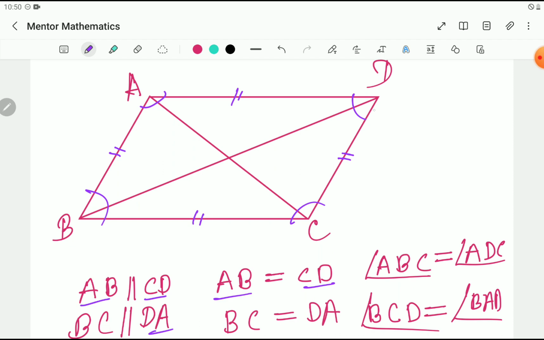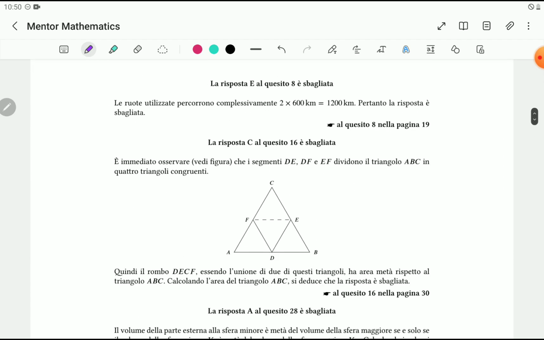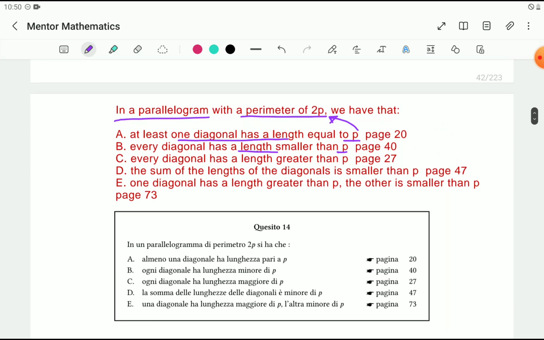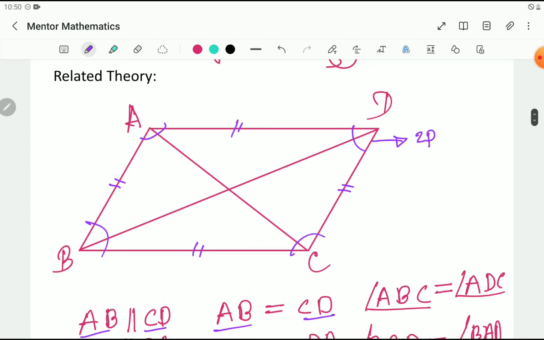And in the question, it is given that the summation of its side distances is 2p. Now we have to find the correct answer from here. At least one diagonal has a length equal to p. Every diagonal has a length smaller than p. Let's verify the first two options.